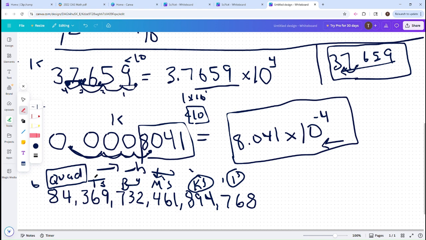Trillion is the third one. And quadrillion is the fourth one with ILLION. That's why it's quad, 4. 1, 2, 3, 4. Illion. Quadrillion. So this is 84 quadrillion, 369 trillion, 732 billion, 461 million, 894,000, 768.